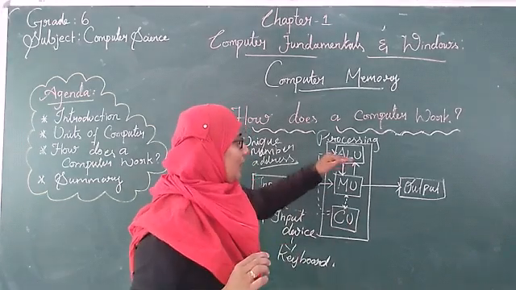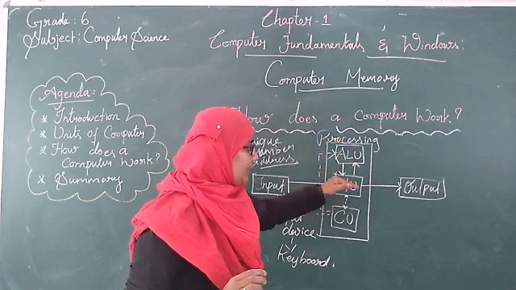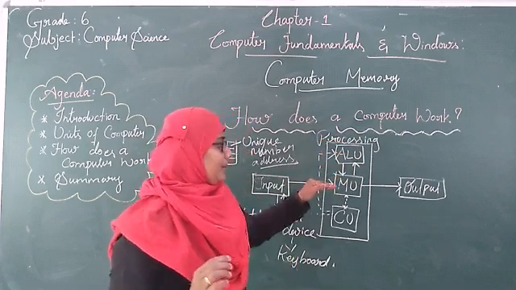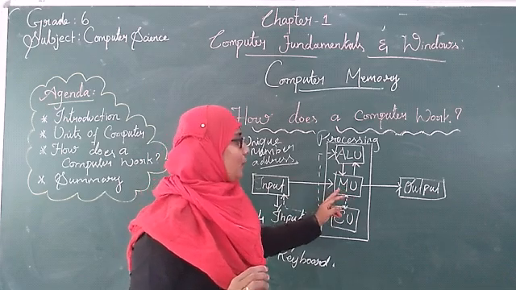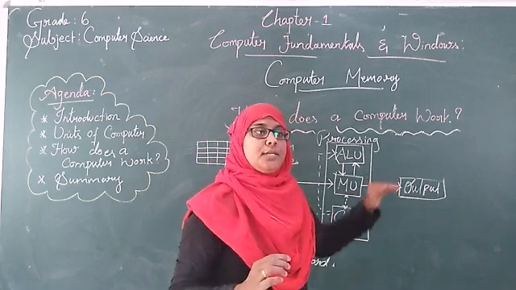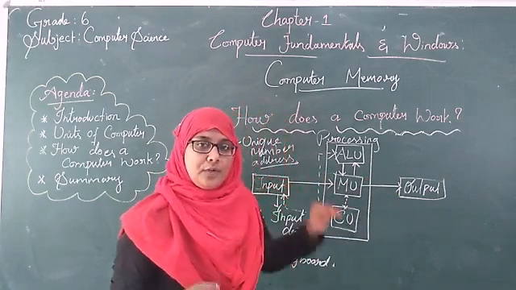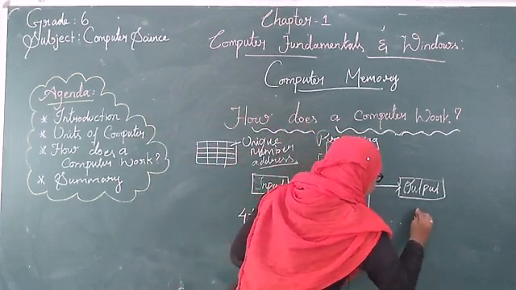Got it? Okay. After processing, it will wait for the instruction, then it will send the data to the memory unit. Afterwards, the memory unit will send the processed data to the output unit. The output unit will wait for the instruction from the control unit.